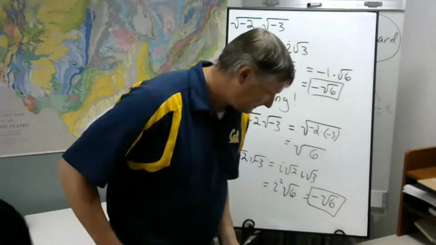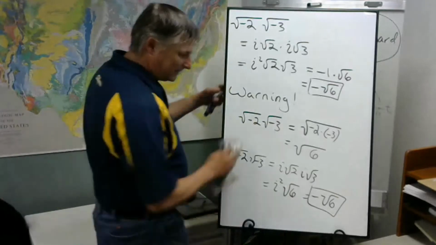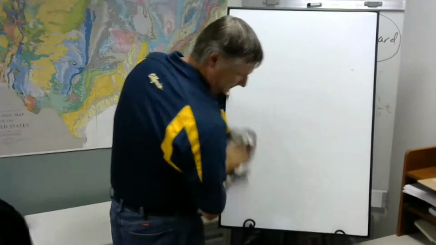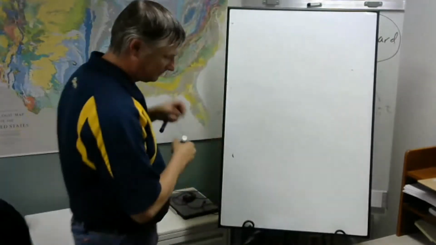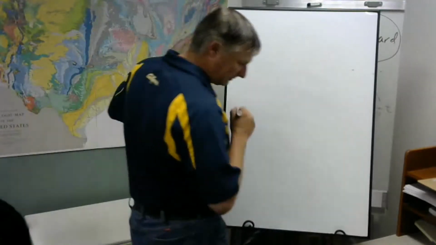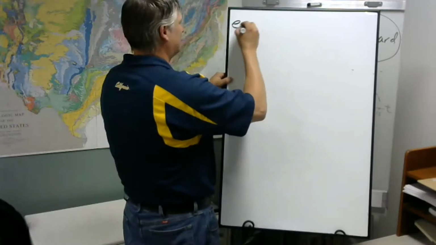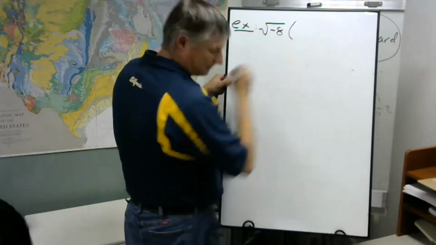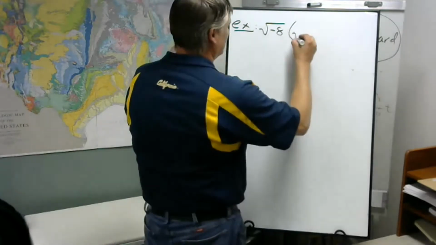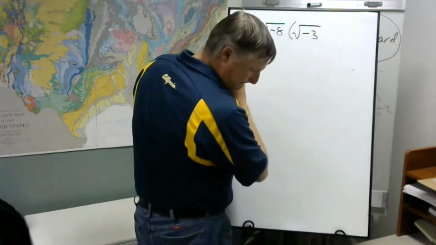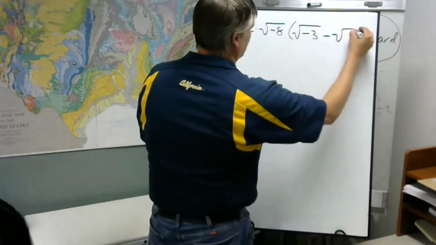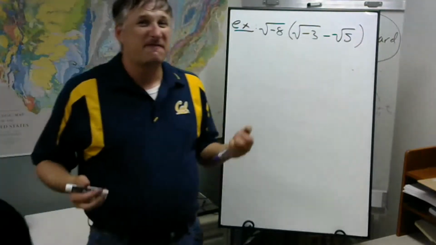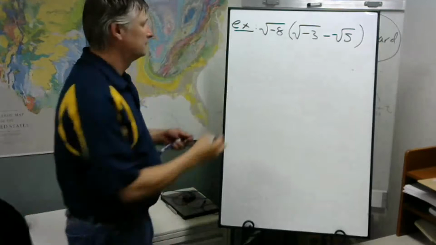All right, so let me do an example of that. The first thing I'm going to do is factor out the negative sign.